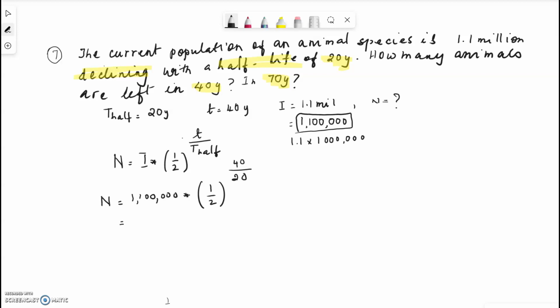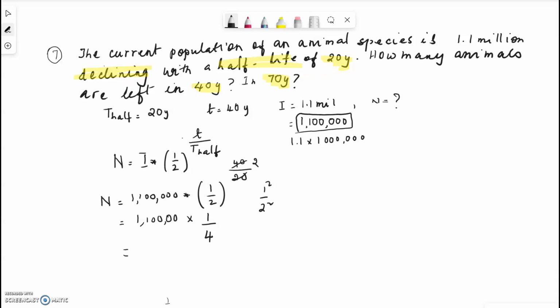So this is equal to 1.1 million times, 20 goes 2 times into 40. So that would be 1 to the 2, which is 1, 2 to the 2, which is 4. So that's 1 squared over 2 squared. So that's 1 over 4.